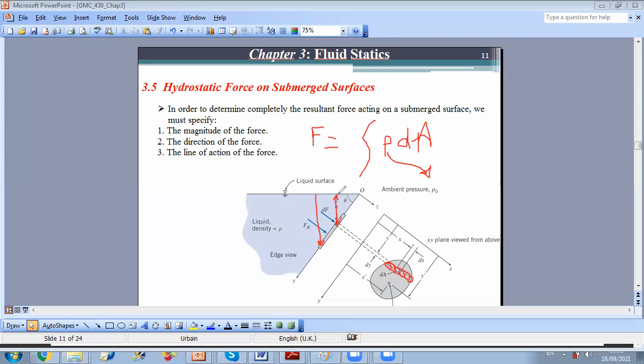So at any location, I take an arbitrary location, I have the height H. So I will replace P by rho times G times H, times dA.